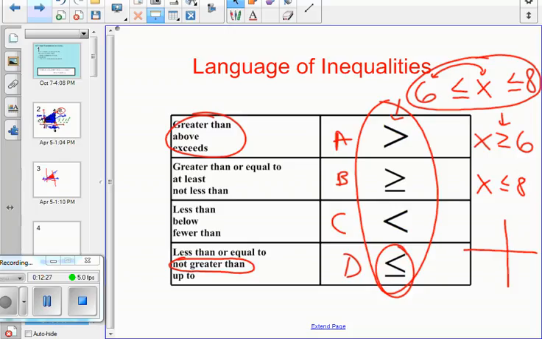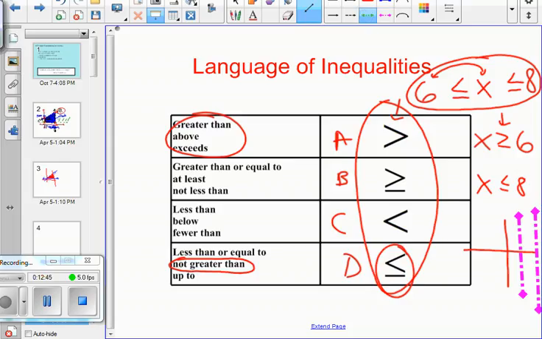Some kids are going to do the lines up and down. Some are going to do the lines left to right. You have to figure out which way is the right way to do an X equals equation. So is it like this and this? Or is it the other way?